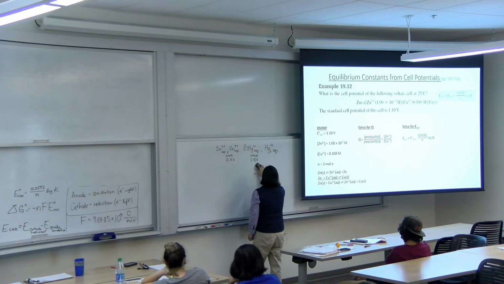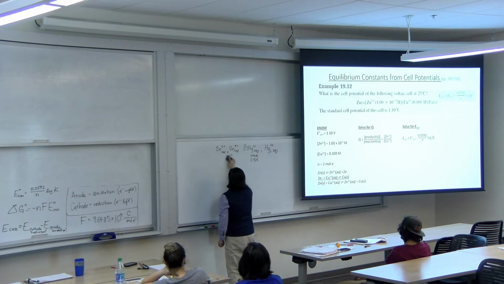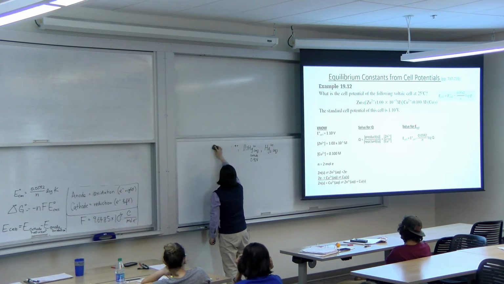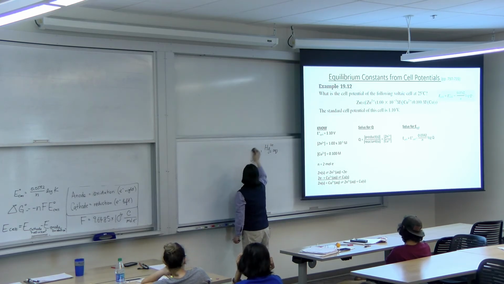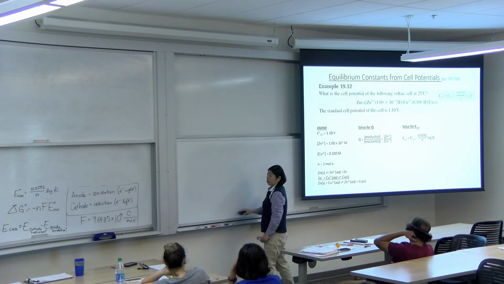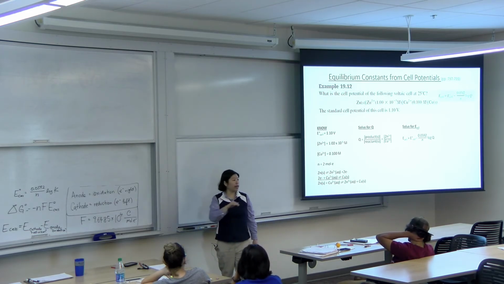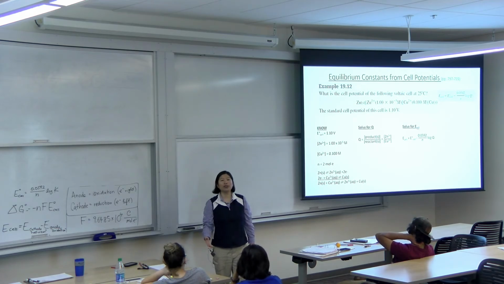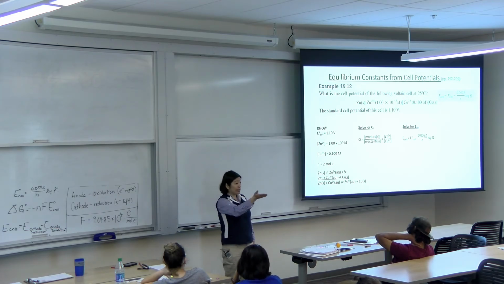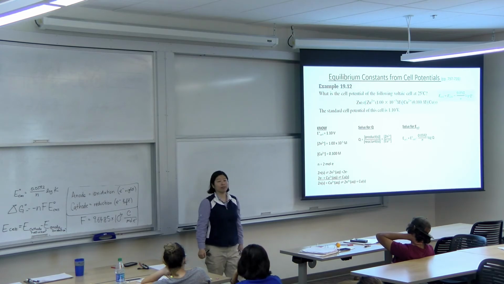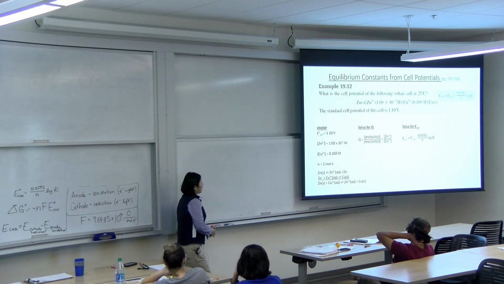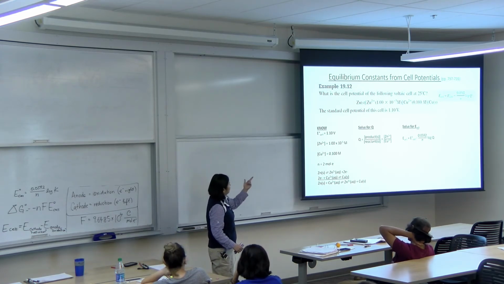n is equal to 2. Again, during the homework, if you're unsure what n is, what should you do? Don't just write 2. You should write the skeleton half reactions. In this case, I can quickly eyeball it. Zinc is going to zinc 2 plus, copper 2 plus is going to copper neutral.